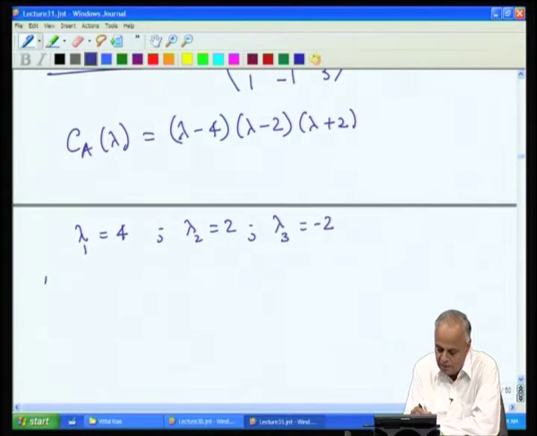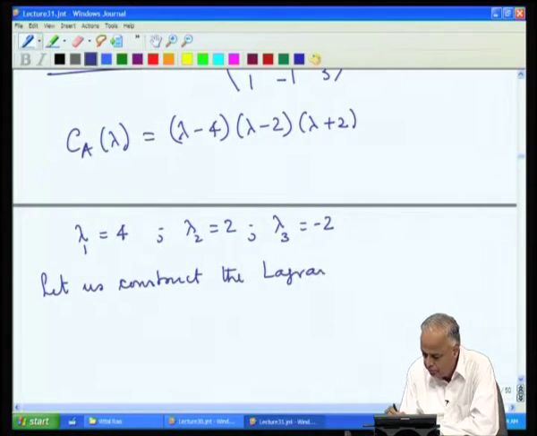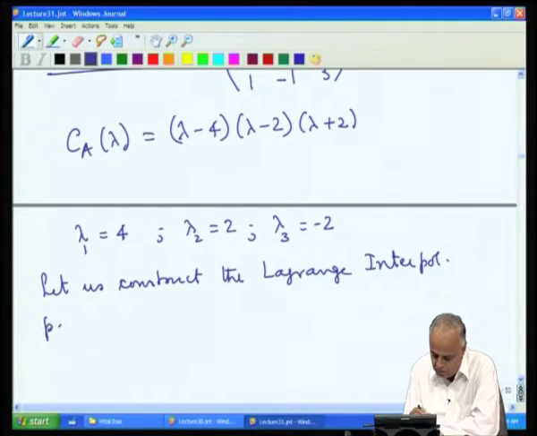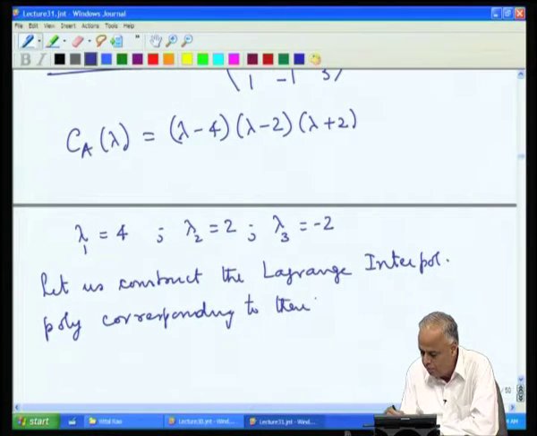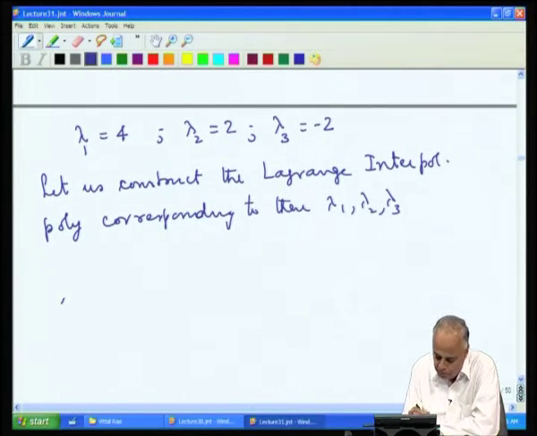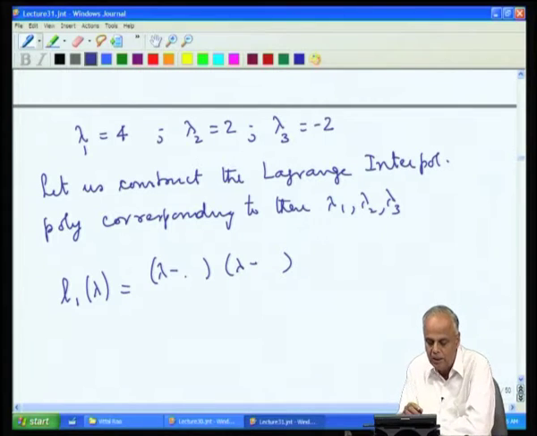Now, let us construct the Lagrange interpolation polynomials corresponding to these lambda 1, lambda 2, lambda 3. How do I construct the first polynomial? The first polynomial is constructed by writing the terms lambda minus, and we put the values except the first eigenvalue.